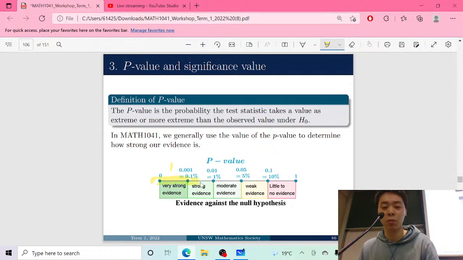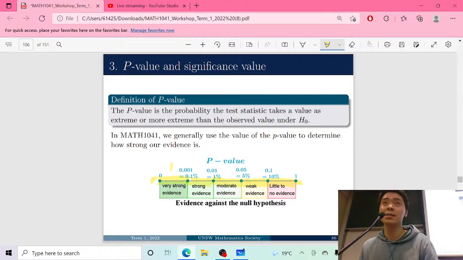Between 0.1 and 1%, we still typically reject the null hypothesis. There's still enough evidence to say that the alternative hypothesis is probably the more favorable model rather than the null hypothesis. But once we get up to moderate evidence, weak evidence, and little to no evidence, it's hard to say.